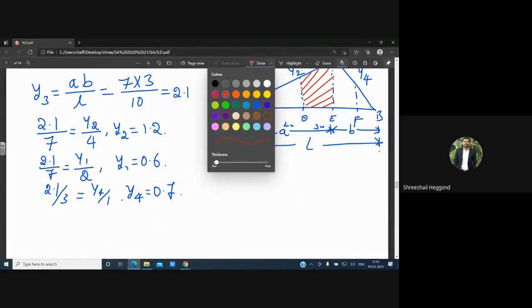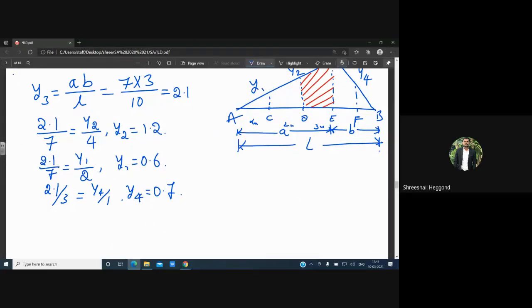Therefore, the bending moment at E point is equal to the 10 kN load into Y1, Y1 is already calculated, that is 0.6, plus the 30 kN load, I consider, that is 0.4 into Y4, Y4 is 0.7.